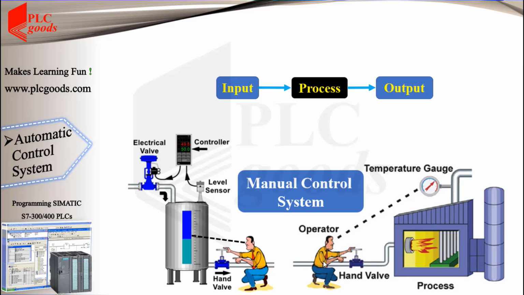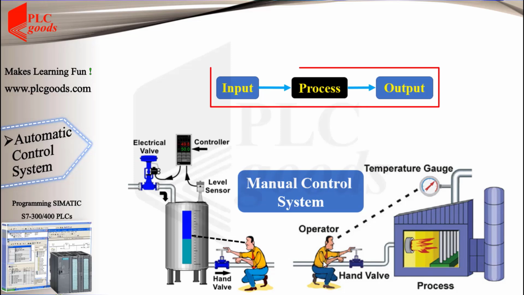As an example, in these types of control systems, we would need an operator to check the process parameters continuously to determine how to control the input parameters. Therefore, the final performance of a manual control system depends on the vigilance and preparation of its operator.